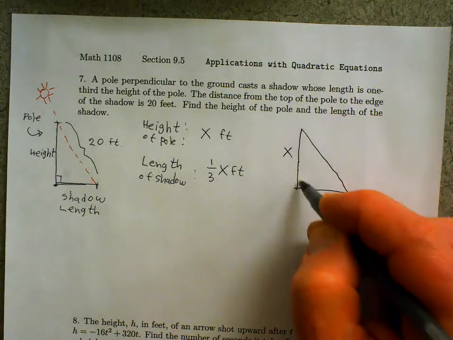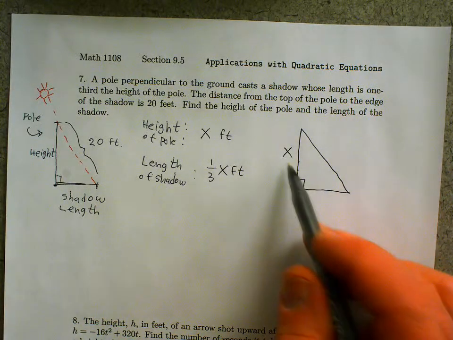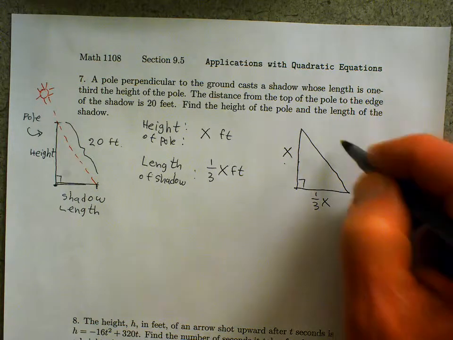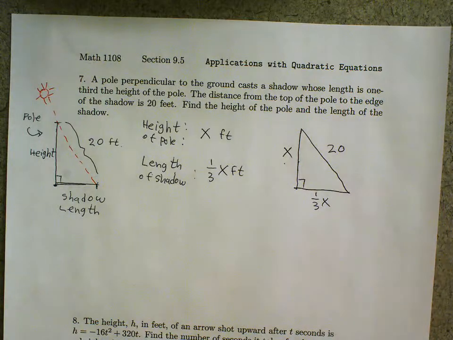So if you label a new right triangle, x is one side, 1/3 x is the second side, and 20 is the hypotenuse.